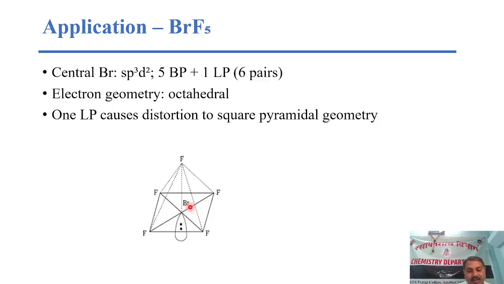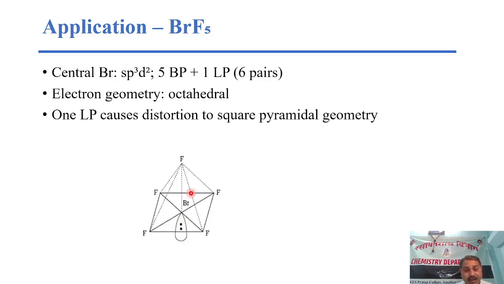So out of these, 4 fluorine atoms occupy the 4 square planar corners, the 5th fluorine atom occupies an axial position, and the lone pair of electrons also occupies the axial position.